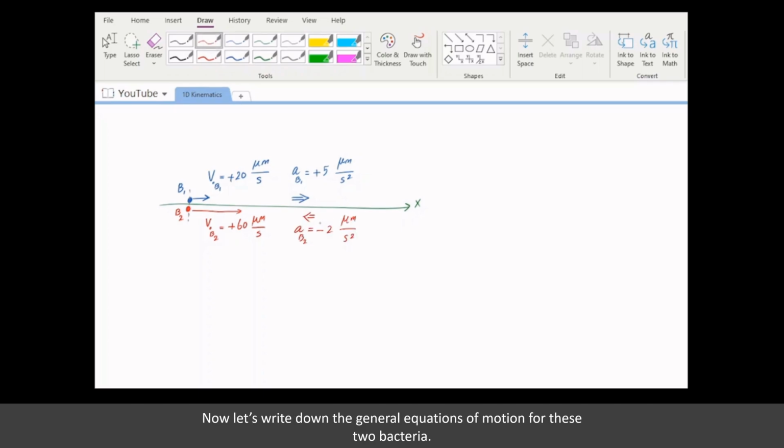Now let's write down the general equations of motion for these two bacteria.